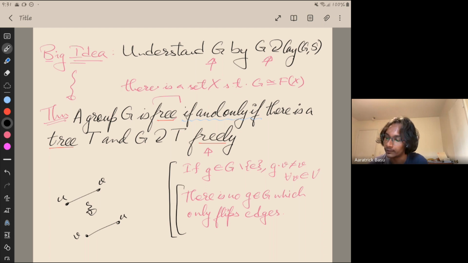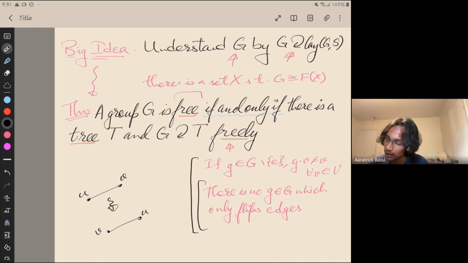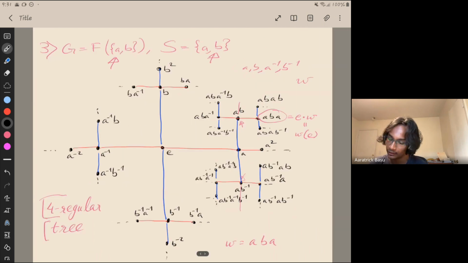You may even have multiple graphs. Of course, it's not hard to show, based on the ideas that I displayed here, that whenever you have a free group and you look at the generating set given by the set on which it's free, you will always end up with a tree as the Cayley graph.